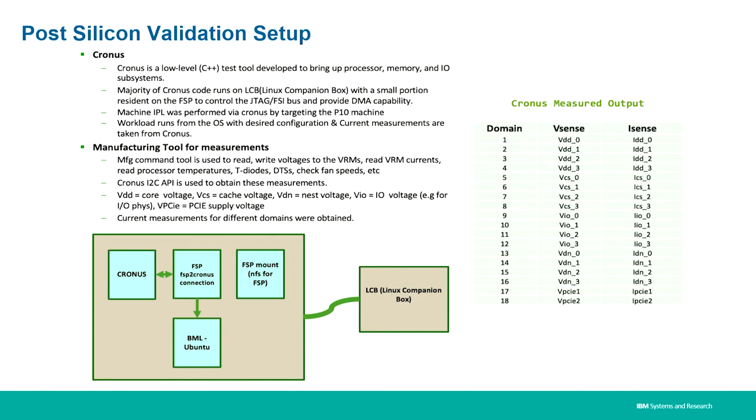Basically we run the workloads with the desired configuration and do current measurements from the Cronus setup. We use the I2C API to get these measurements, and then you get the currents for each of these voltage domains, and you collapse it back to the different functional units of the chip.